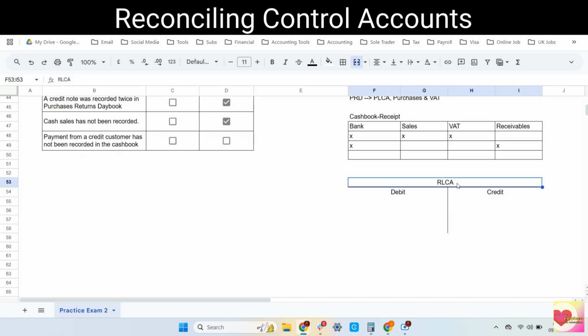RLCA is an asset, so it increases in debit. But the payment that we have received for our receivables will decrease RLCA, so it will go to credit.